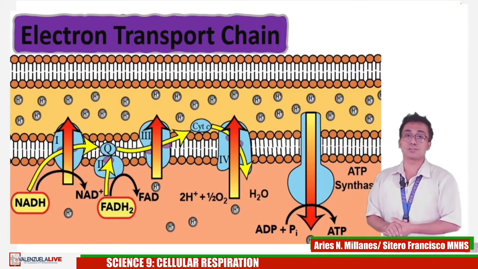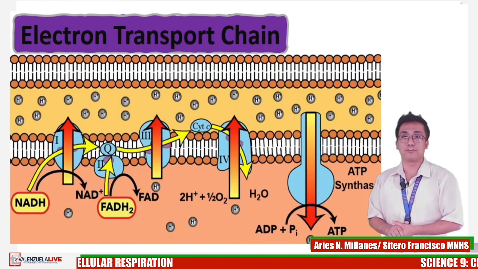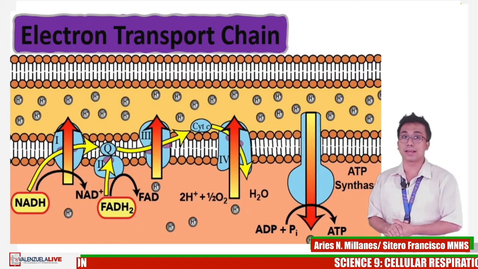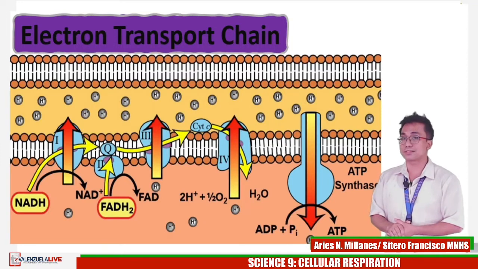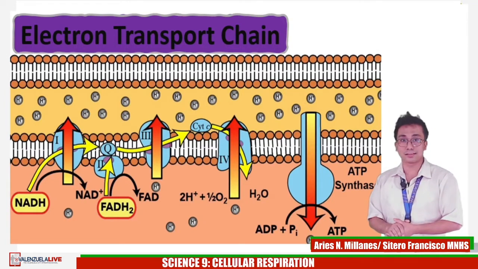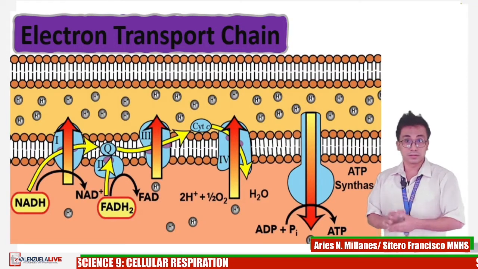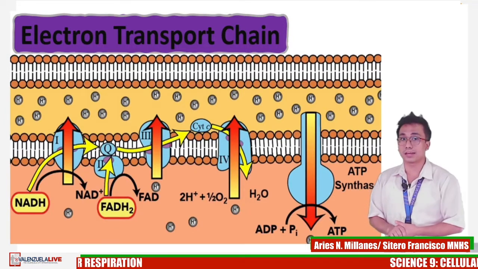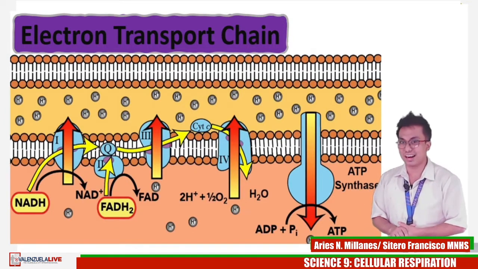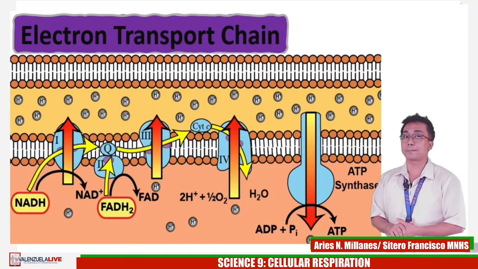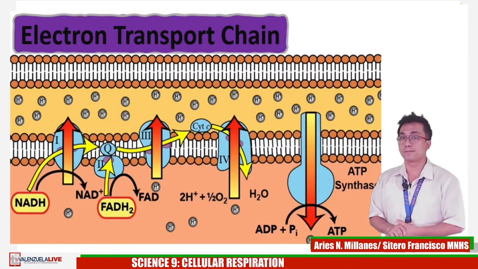If you notice, the total number of NADH and FADH2 produced in glycolysis and Krebs cycle is 10 and 2 respectively. These carriers contain high-energy electrons which are passed from one molecule to the ETC.